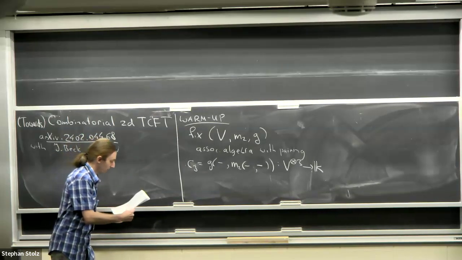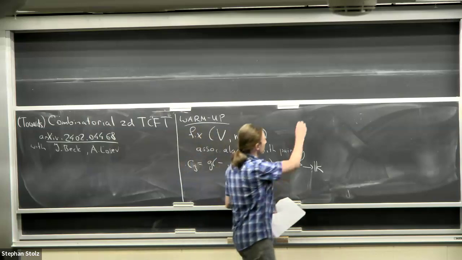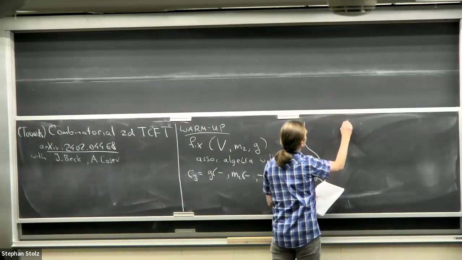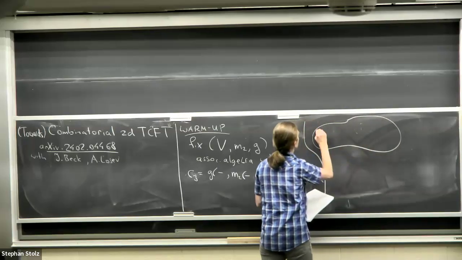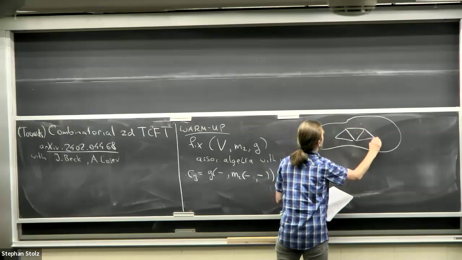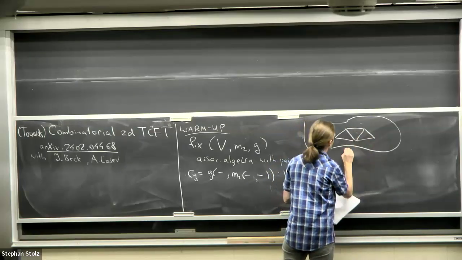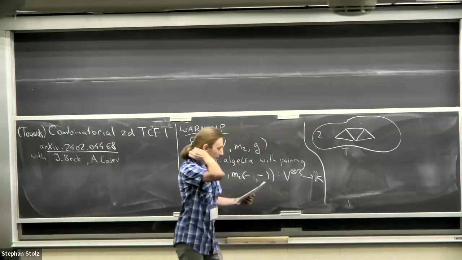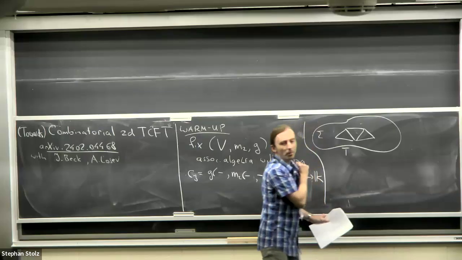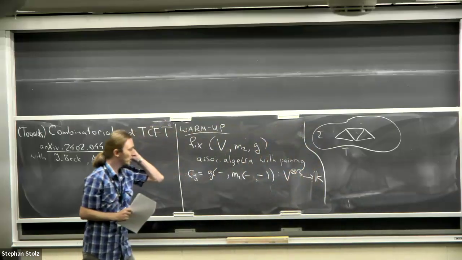So then, I take some 2-dimensional surface, and let's say I triangulate it somehow. Let's use T for the triangulation. Then what I want to do is the following: I want to construct a number given this algebra.